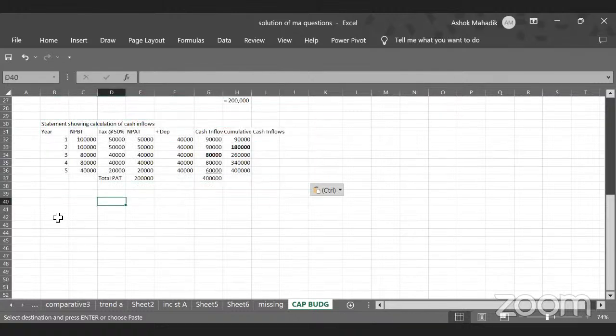There are three methods which you have to study in modern techniques. First is net present value method.